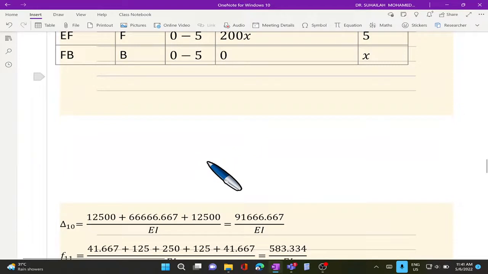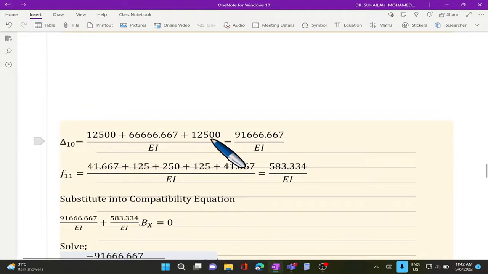That is why we analyze the primary frame and the redundant frame, starting with calculating reactions, followed by the moment equation, which we substitute into the formula.